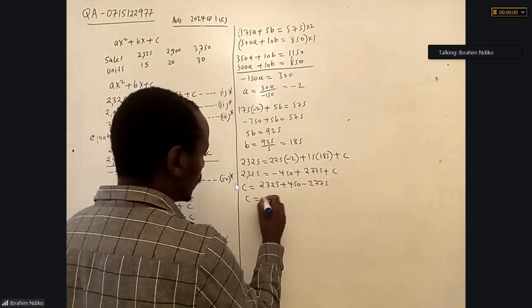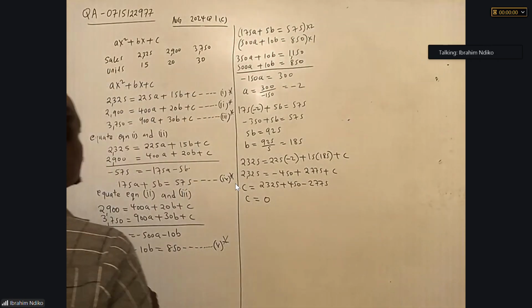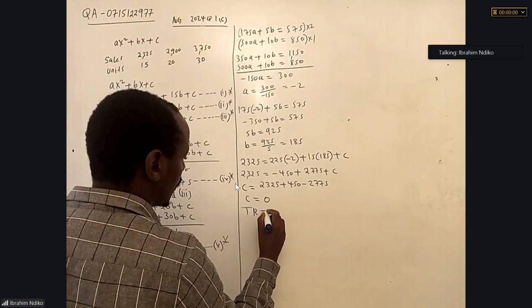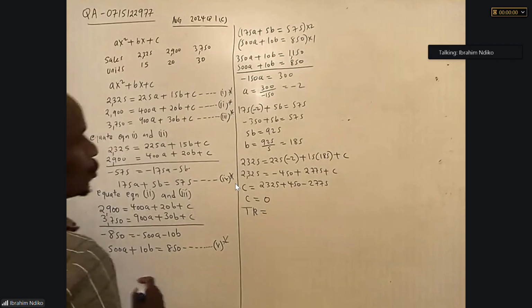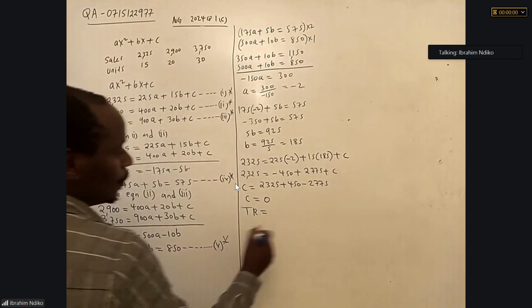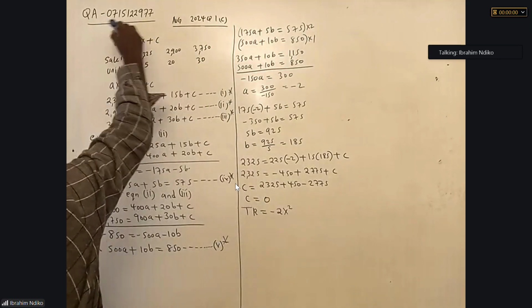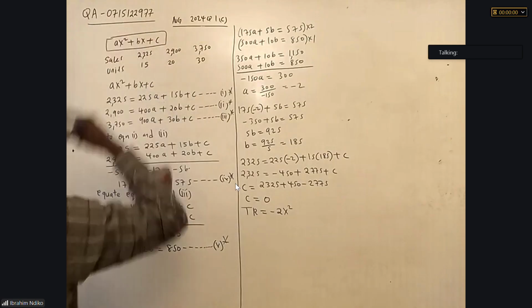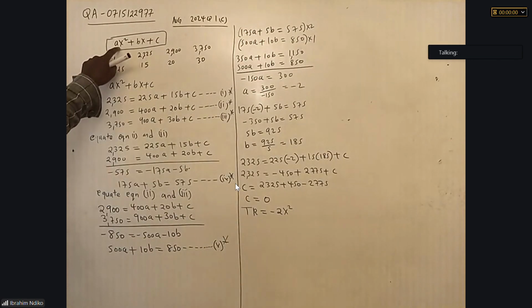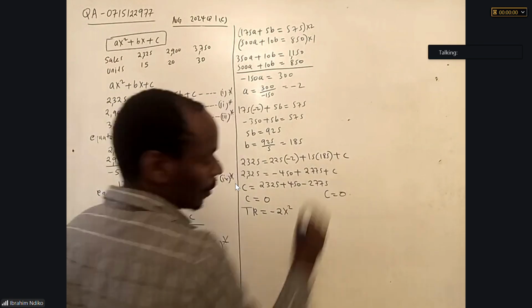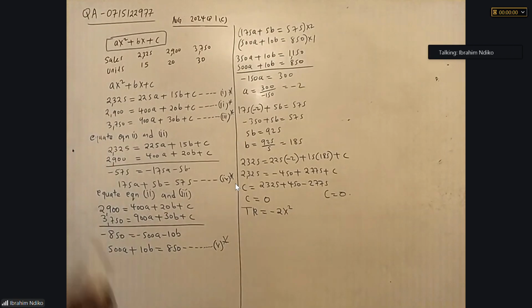C is 0. So for part A, our total revenue will be equal to A times X squared, and remember we said C is 0. Remember, even from our previous discussion on revenue, there was no C. We need to know that.